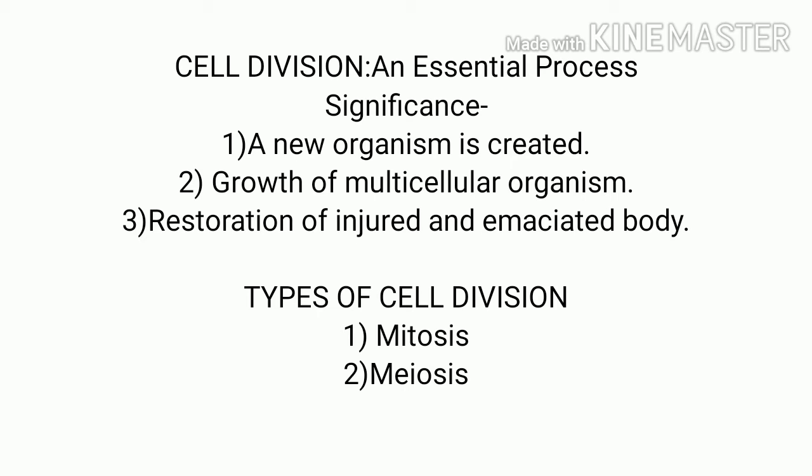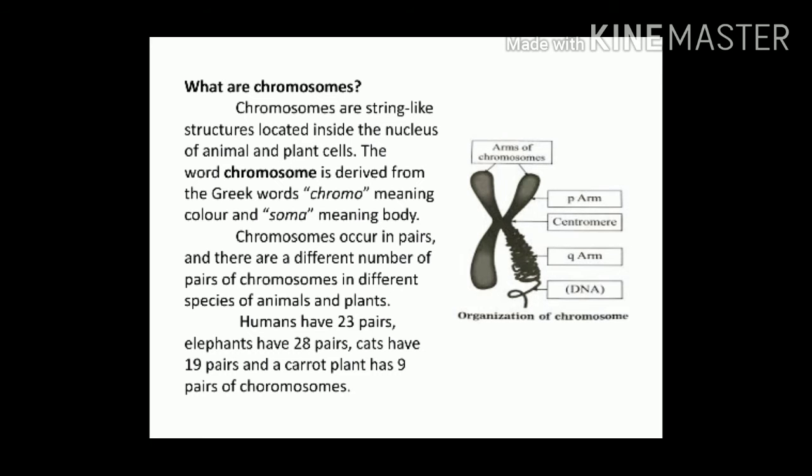Cell division is of two types, mitosis and meiosis. Now next, chromosome. Chromosomes are seen only at the time of cell division. Chromosomes are rod shaped and have a primary constriction or centromere.